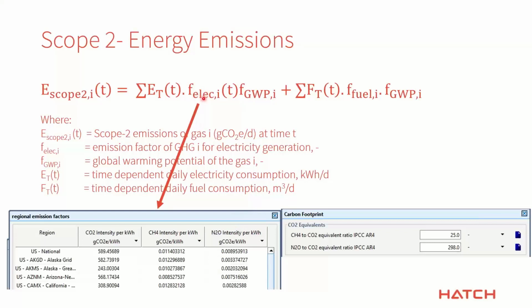That factor is then used, and then we also multiply it by the conversion factor for methane to CO2, or nitrous oxide to CO2. And once we do this summation of different gases and convert them into CO2, that becomes our scope 2 emission here. So this is a very high level overview of how we do quantification of the greenhouse gas emission from the wastewater treatment plant in GPSX.